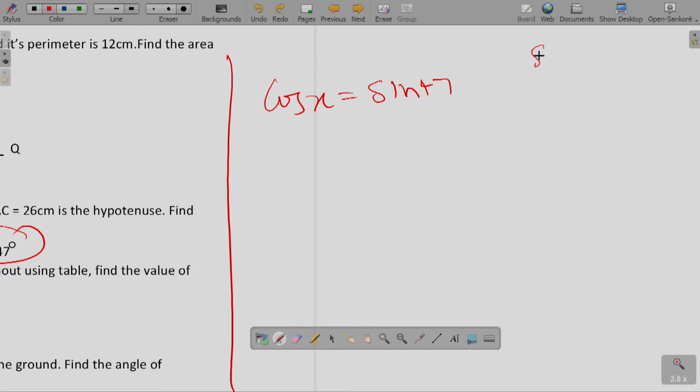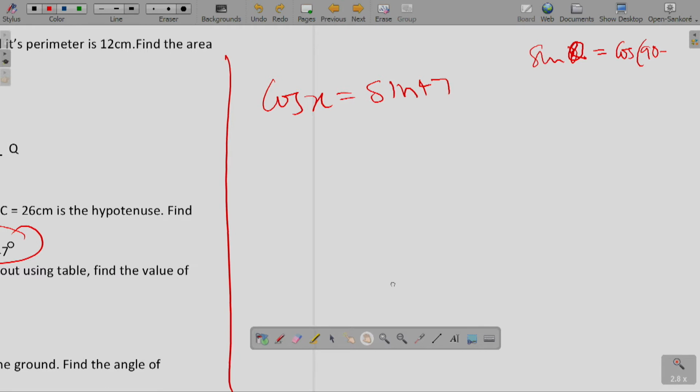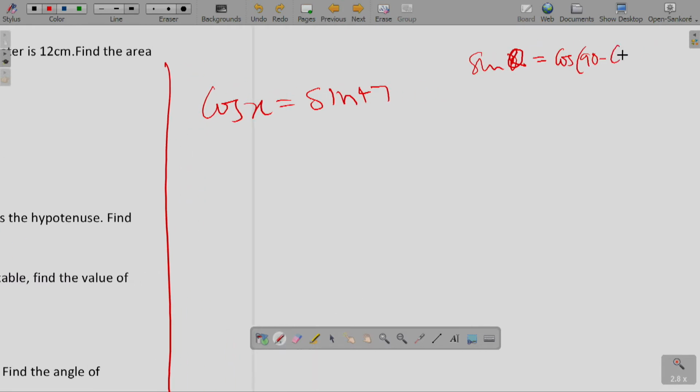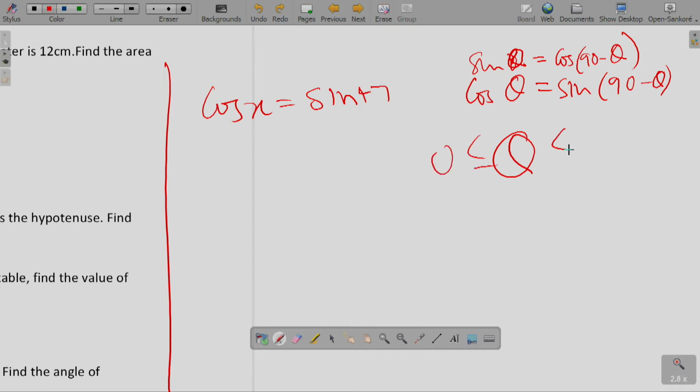But we know that sine of angle is equal to cos of 90 minus that angle, and also cos of any angle is equal to sine of 90 minus that angle, provided that the angle starting from 0 and is less than 90, acute angle.